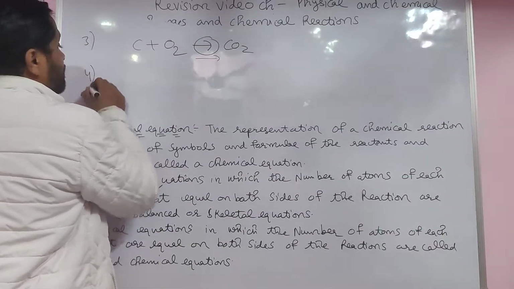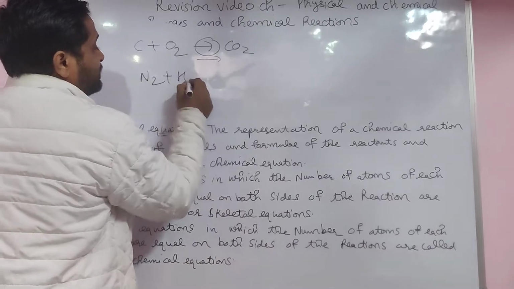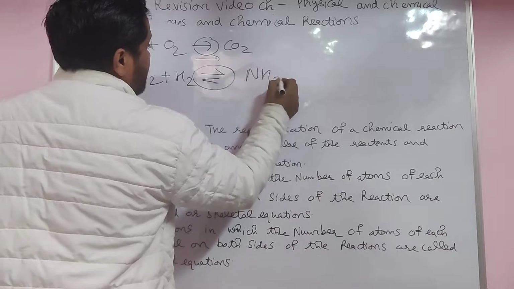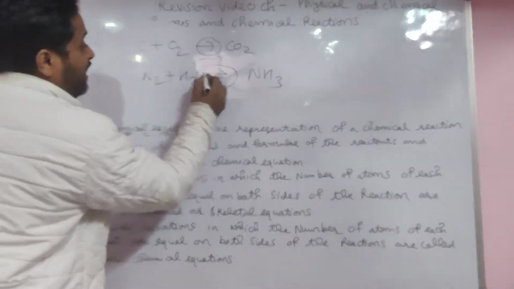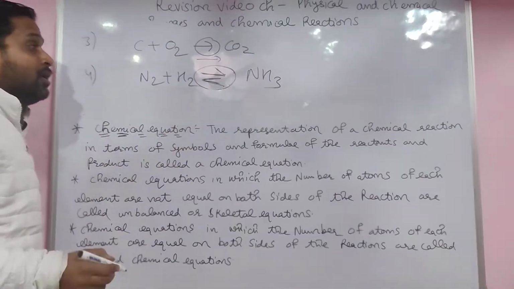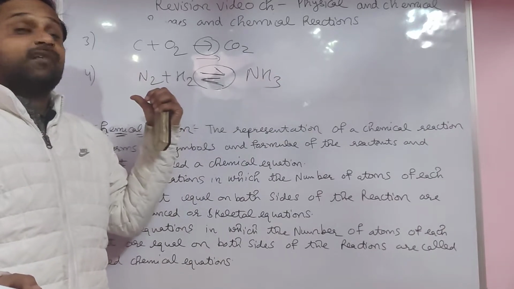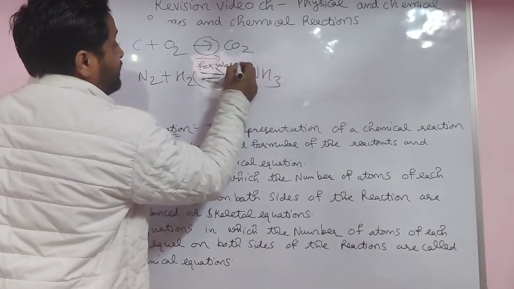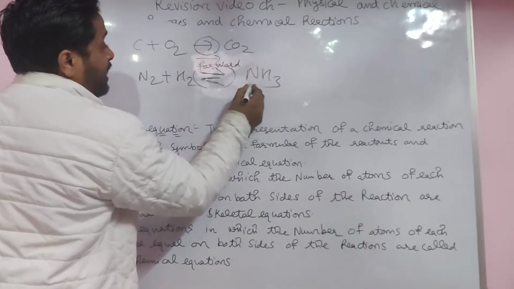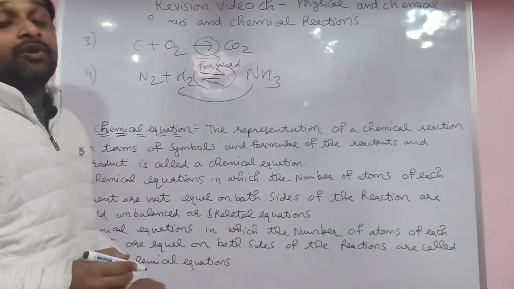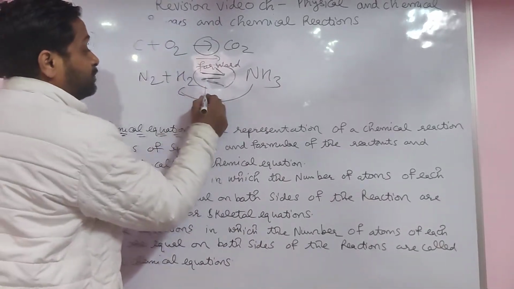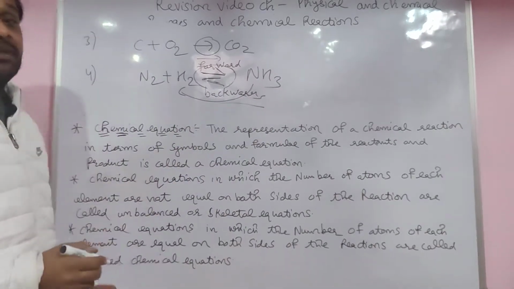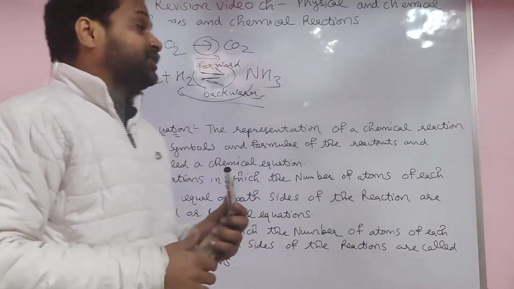But in something like the Haber process, we use a double arrow, with half arrow this side and half arrow that side. What does this mean? The reaction goes forward, meaning reactant is converted into product, and the product is again converted back into reactant. That is a backward reaction. That is called a reversible reaction.